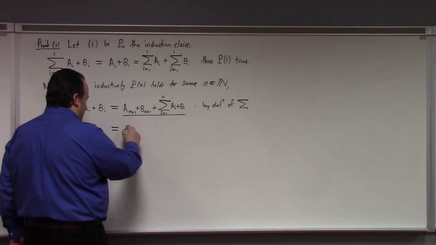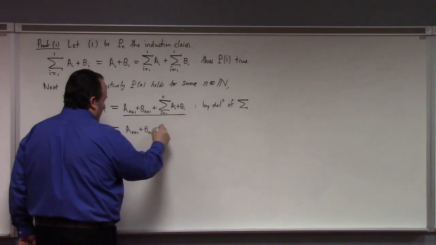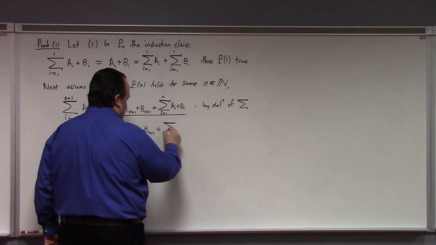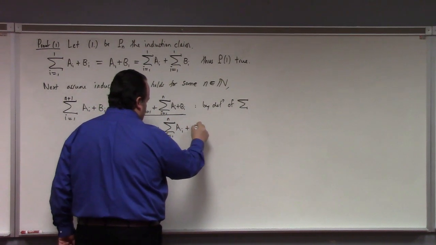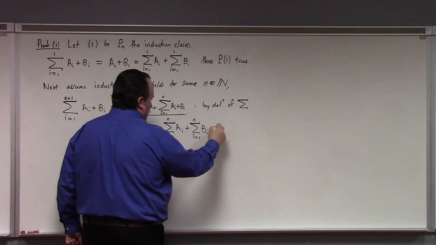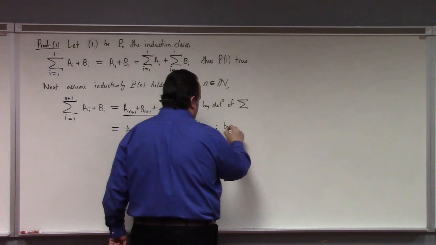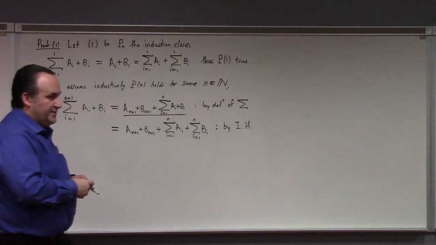So this is a sub n plus 1 plus b sub n plus 1 plus the sum i equals 1 to n of a sub i plus the sum i equals 1 to n of b sub i. My reasoning here is by the induction hypothesis, which I'm going to abbreviate as IH.